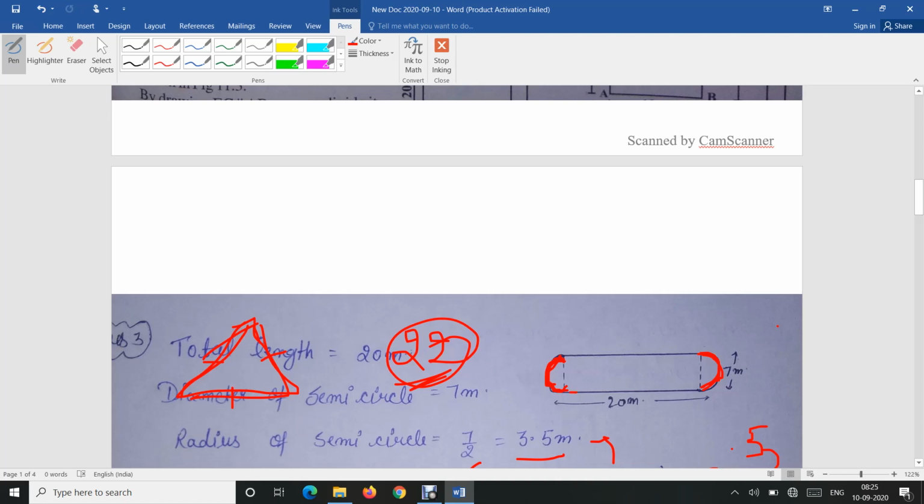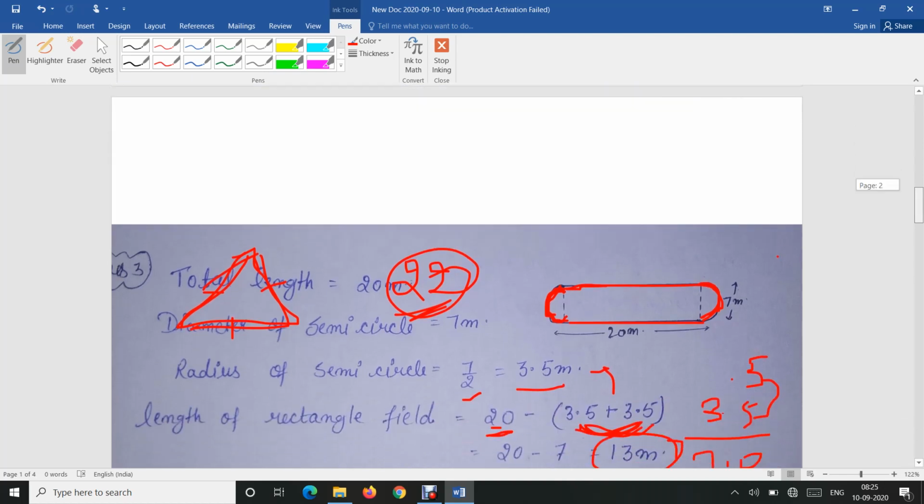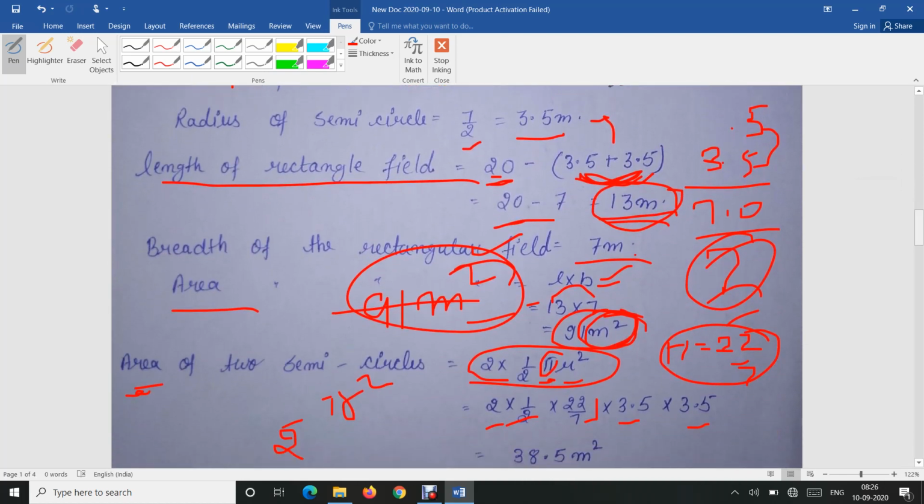Now the remaining portion is this length and this length, and these are the lengths of the rectangle. And we have found that the length of the rectangle was 13 meter.